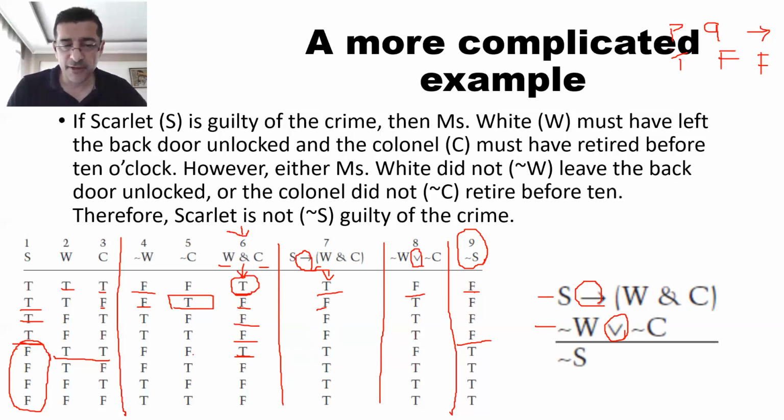But let's see, false, true, that's okay. False, true, that's okay. False, true, that's okay. So unfortunately, I couldn't prove that this argument is invalid. So it means that the argument is valid. Yes.